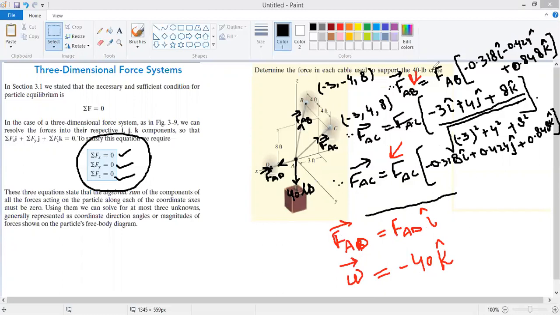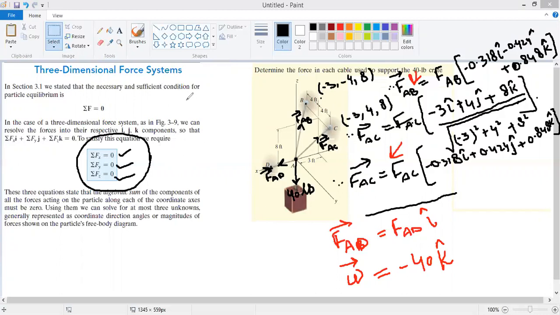Now write down the equilibrium equation. Summation of all the forces should be equal to 0. Let's recall our equilibrium equation that we have just written.